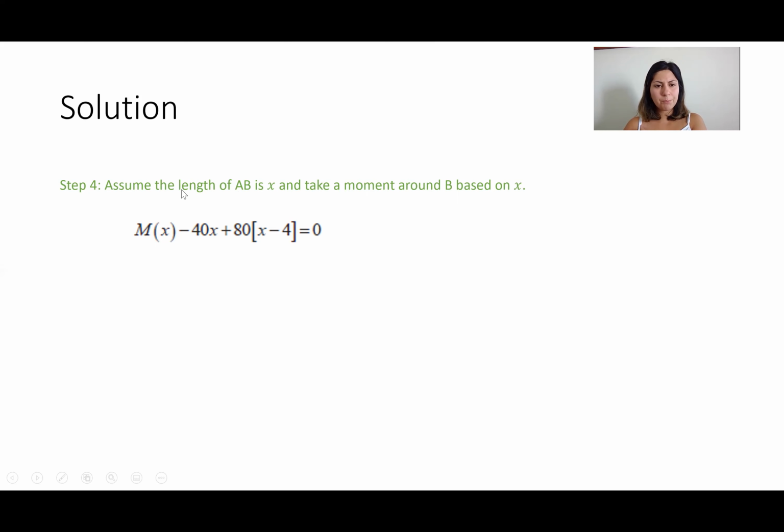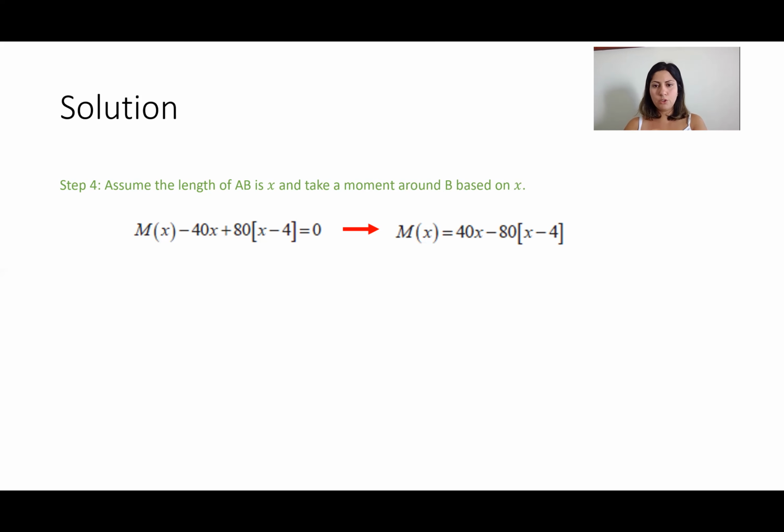I will correct this: it is AJ, the point J, which is the point that we cut through, and we took a moment about J. So now what we do is bring the other terms to the other side and write Mx equal to that equation.